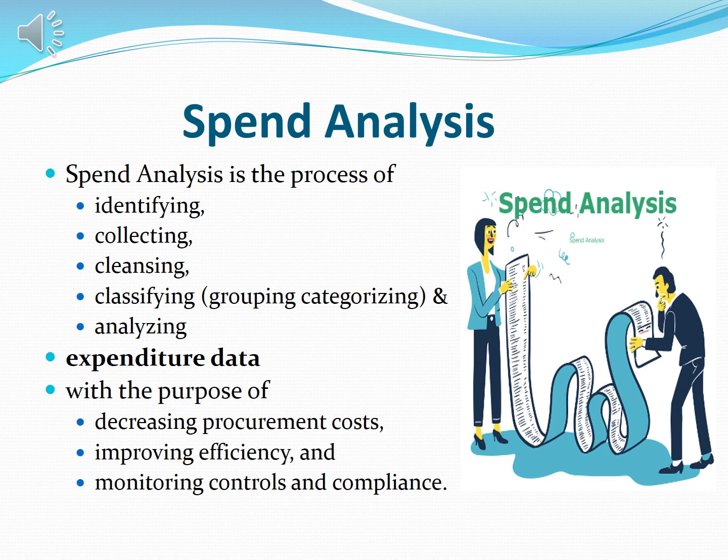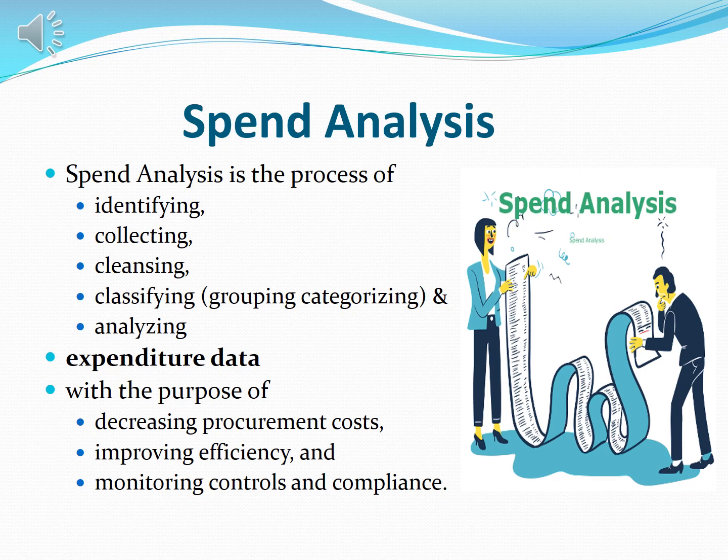The definition of spend analysis is that it is a process of identifying, collecting, cleansing, classifying, grouping, categorizing and analyzing the spend data, the expenditure data, with the purpose of decreasing procurement cost, improving efficiency and monitoring controls and compliances.